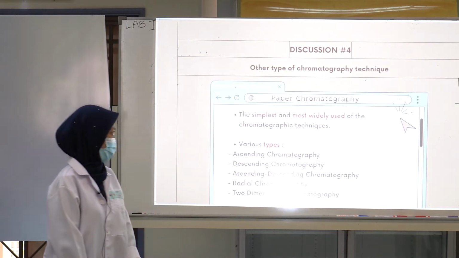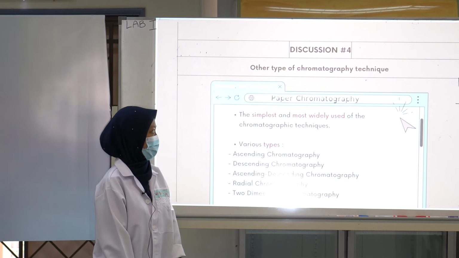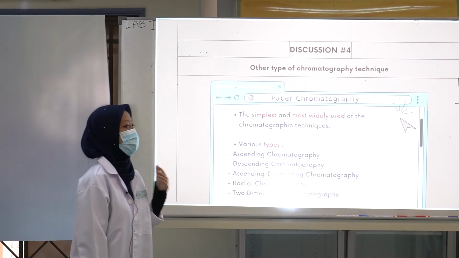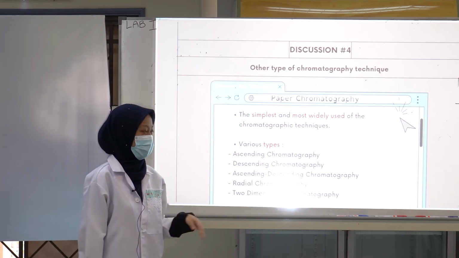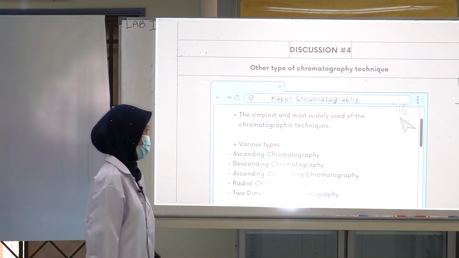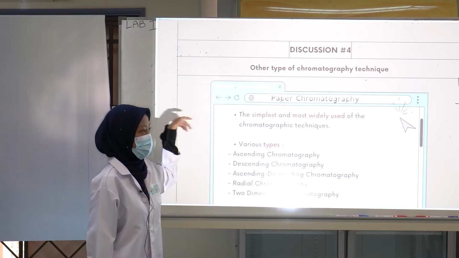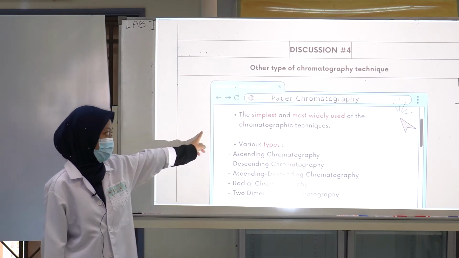So the last part of the discussion is whether there are other types of chromatography technique. There are a lot of chromatography techniques, but today I will talk about paper chromatography.